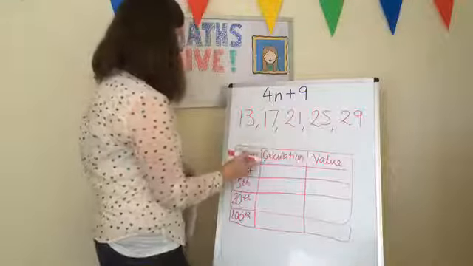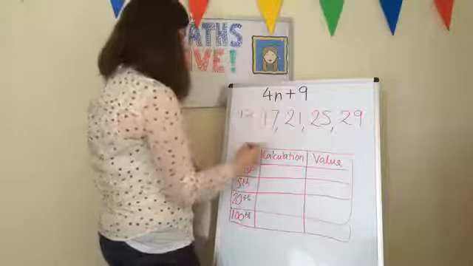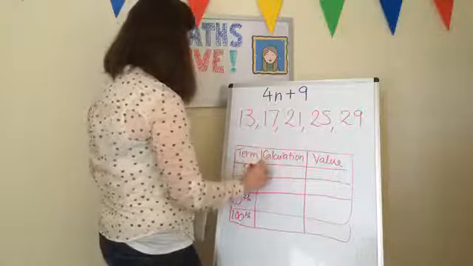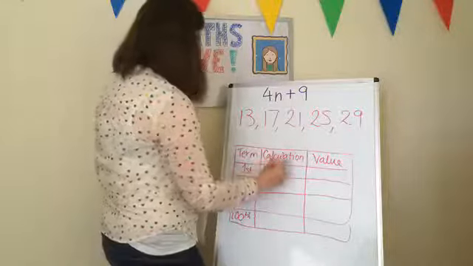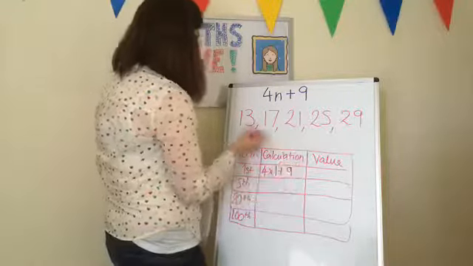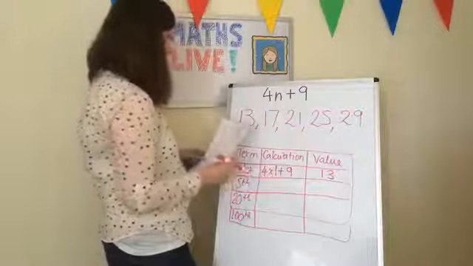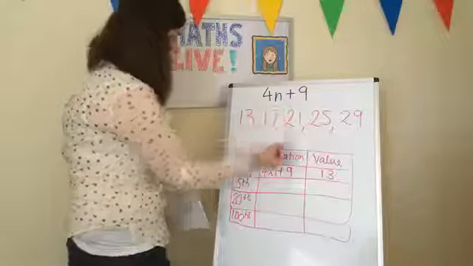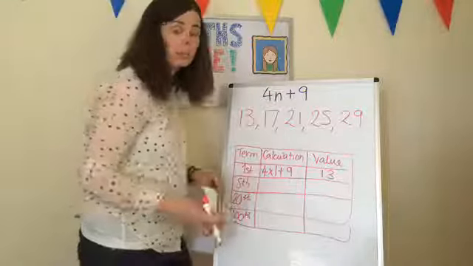So if you're finding the first term of this sequence using this formula, the first term is 4 times 1, because it's the first term, plus 9, and we know the answer is 13. Okay? That's the part it gave you. Jumping right down, if you want to find the 100th term, you just replace n with 100.